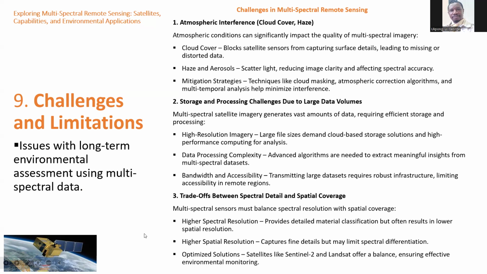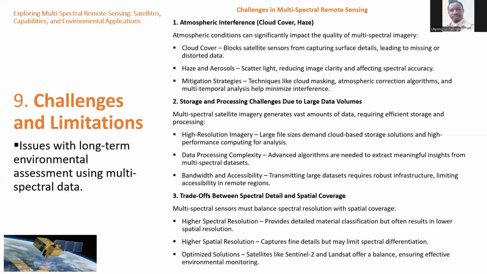Please find the details as I've put them there, because I've mentioned that in terms of atmospheric interference, the cloud cover blocks satellite sensors from capturing surface details, leading to missing or distorted images, haze and aerosols, mitigation strategies, and so on.